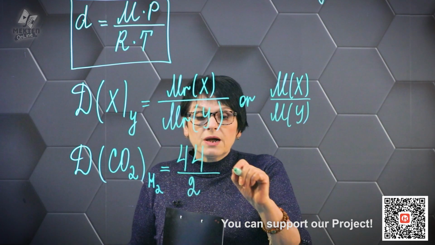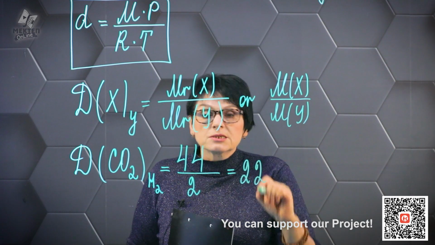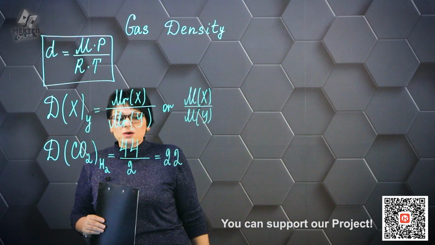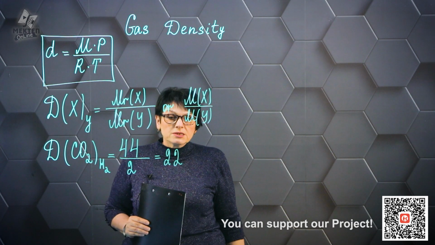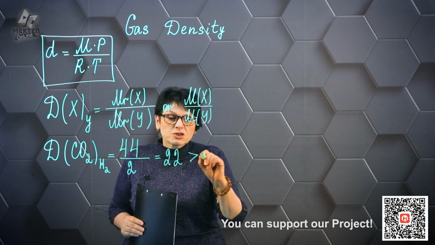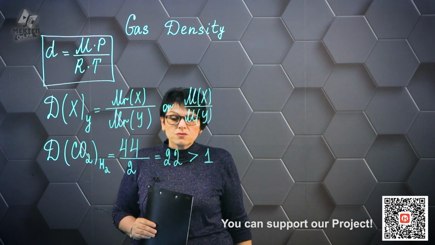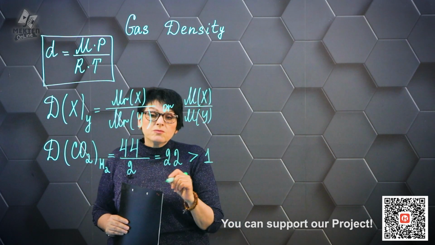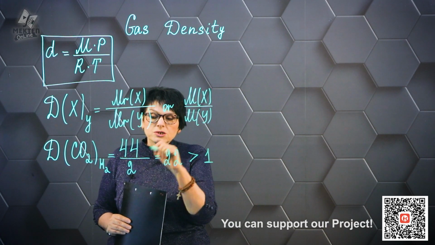And then we can say that carbon dioxide is 22 times heavier than hydrogen. So if the density exceeds 1, and in this case it exceeds 1 many times, then we can say that CO2 has a mass greater than hydrogen, and therefore it is a heavier gas.